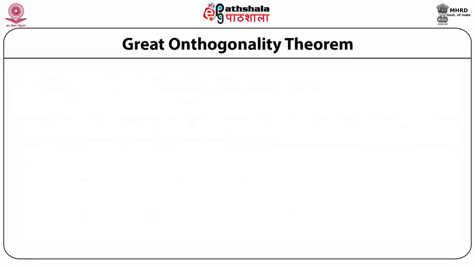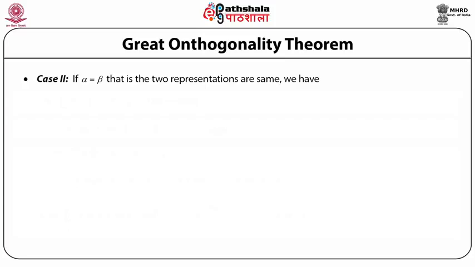Let us now consider the second case, which means two representations are the same, that is alpha is equal to beta.